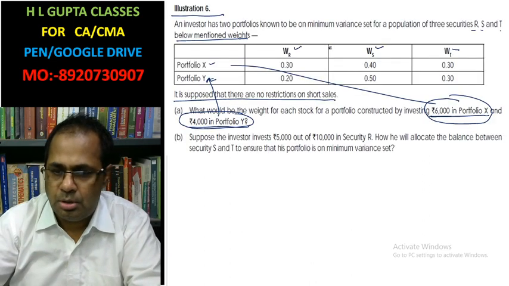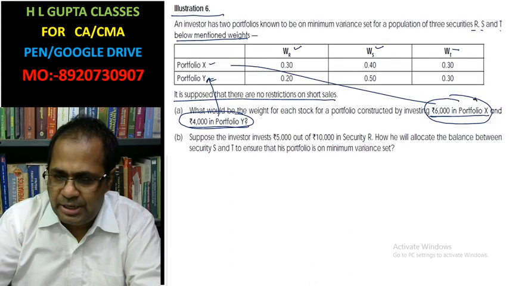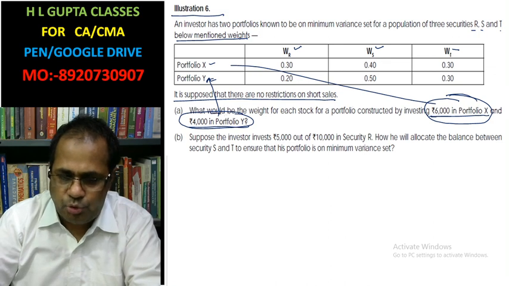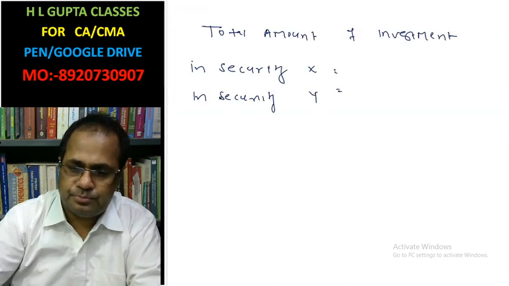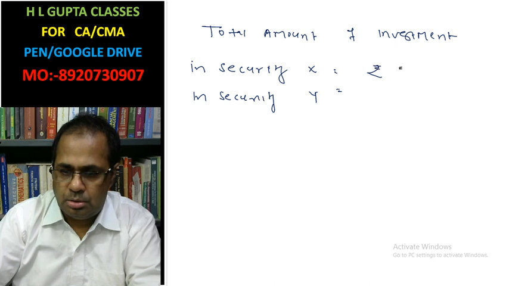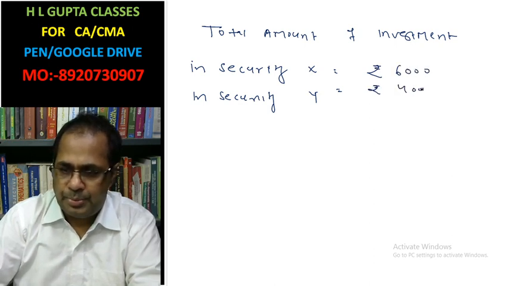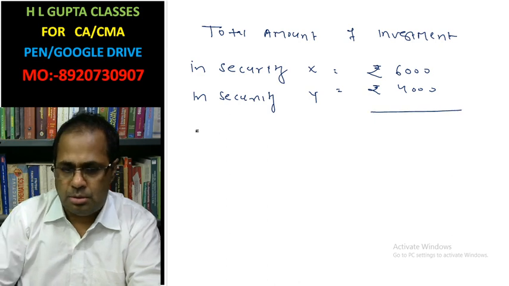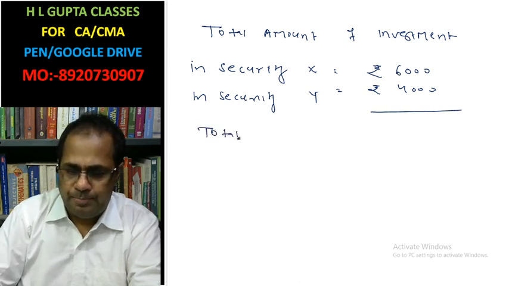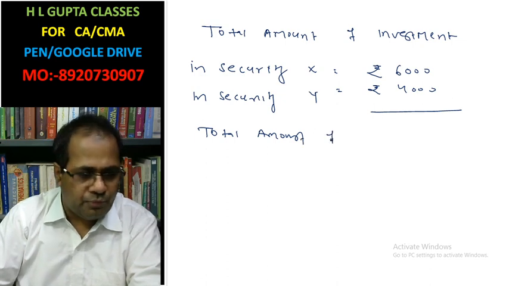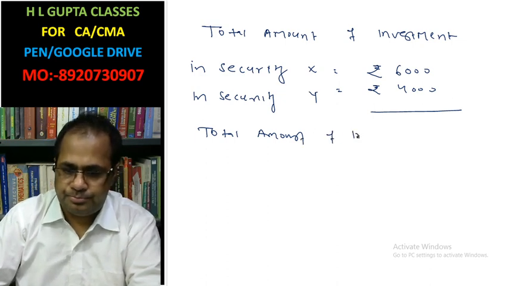What is the amount? That is 6,000 in X and 4,000 in Y. Rupees 6,000, rupees 4,000. Total amount of investment: rupees 10,000.